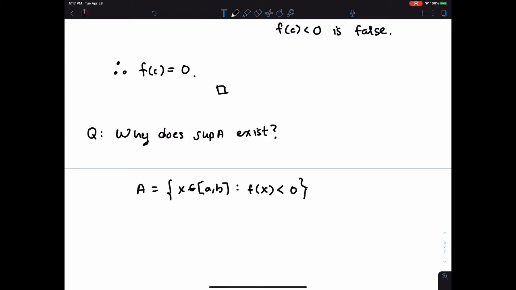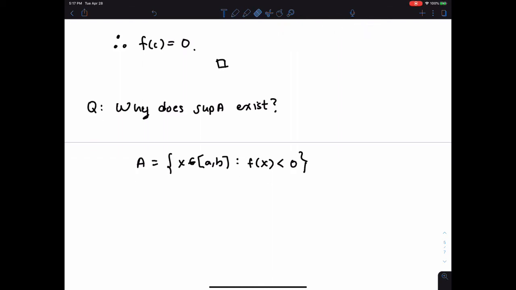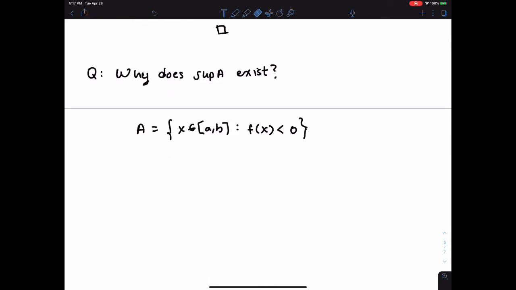If I want the sup to exist, I need this set to be non-empty, and I also need it to be bounded above. So I need to think about what x value do I definitely know is in this set A. In other words, when I plug it in, f of that x value is less than 0.